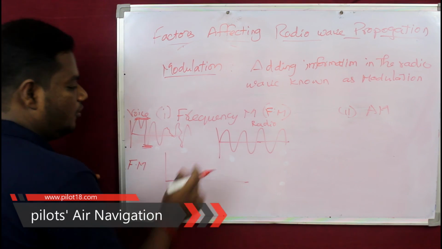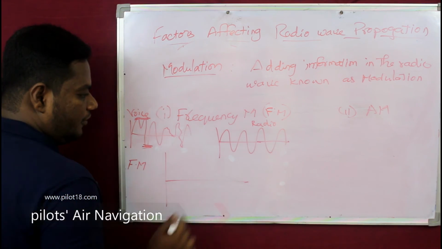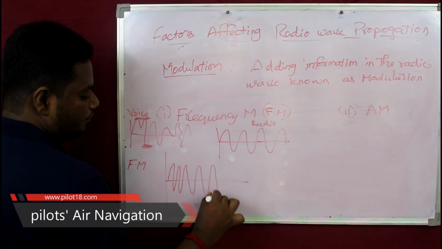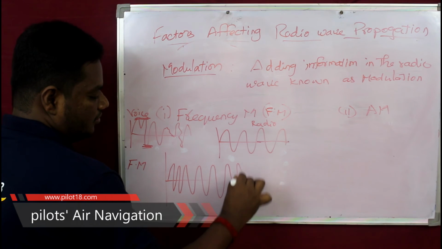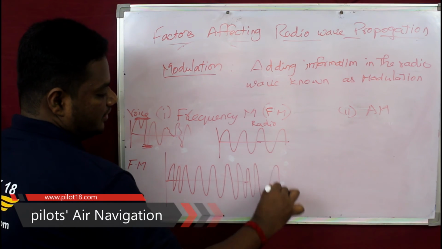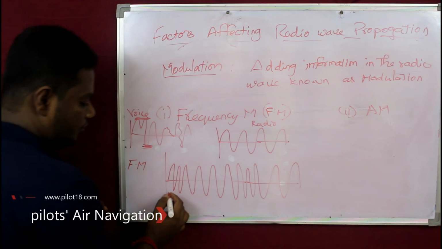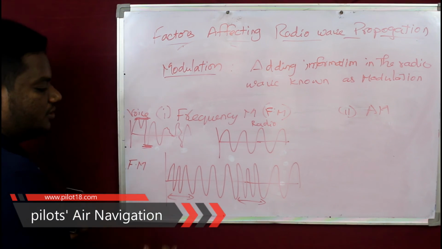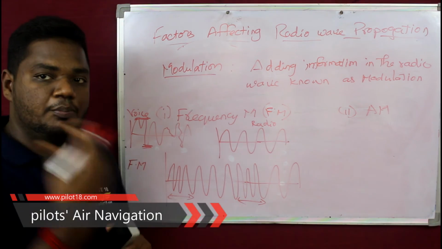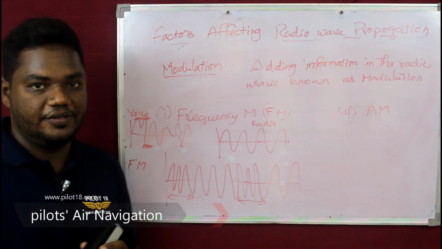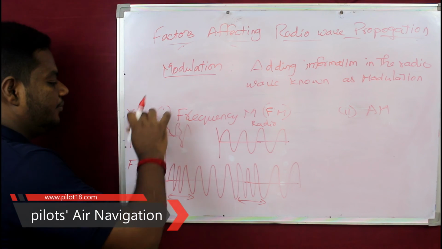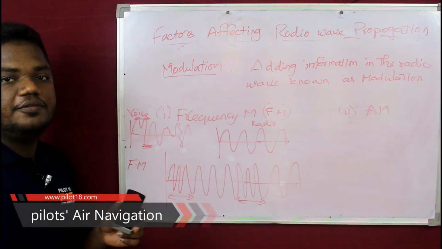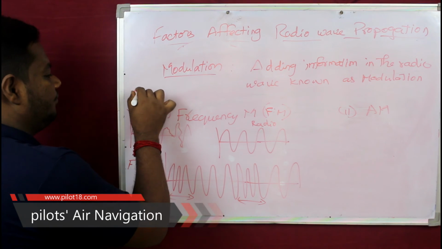The place where I add the voice in the radio wave frequency, it looks like more frequency, then later on it comes back to normal. So whenever I speak, the frequency will get increased and then it goes back to normal. You can see the two points where the frequency is increased. These are the spots where I imposed my voice into the radio wave.